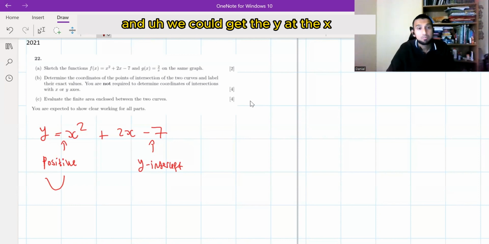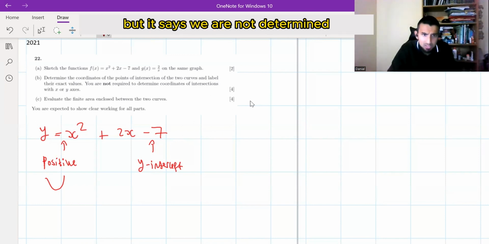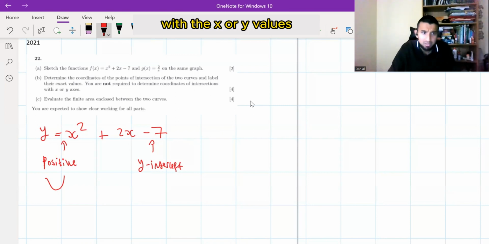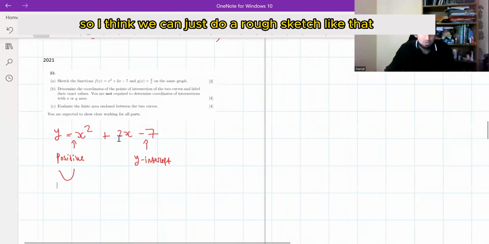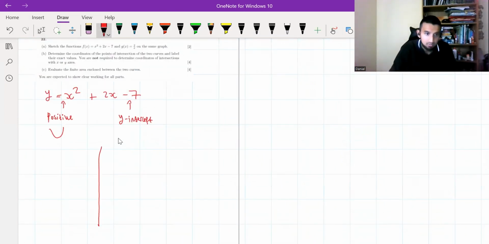And we could get the intersects with the x-axis, but it says we are not required to determine coordinates of the intersections with the x or y axes. So I think we can just do a rough sketch like that, and it should be fine.